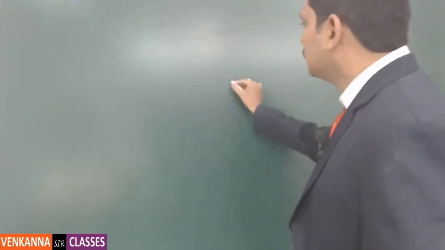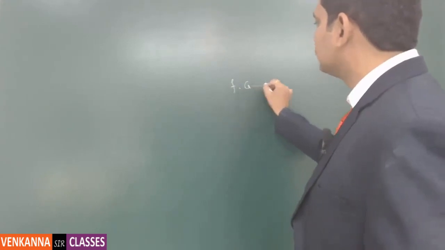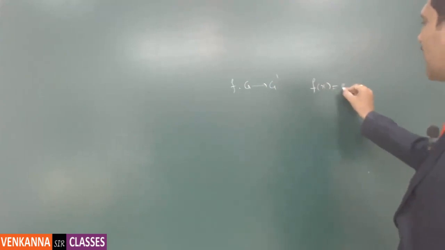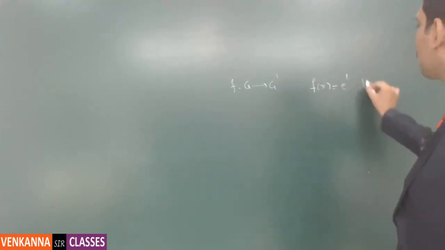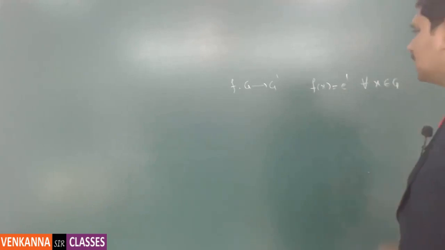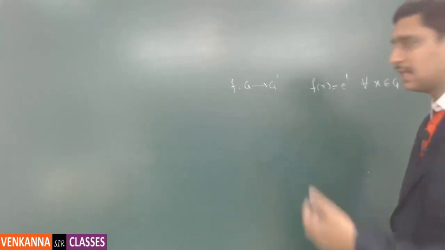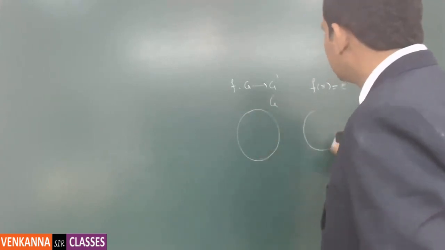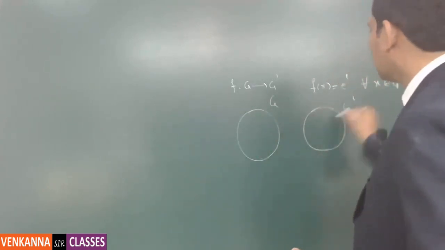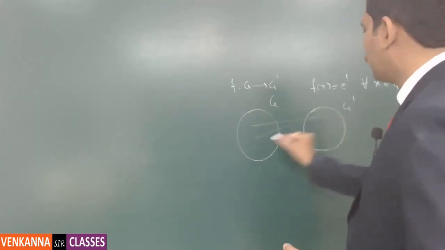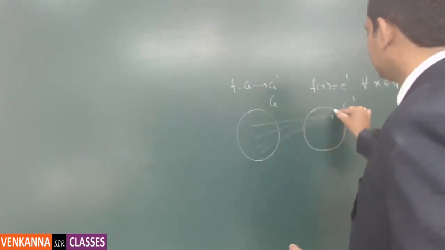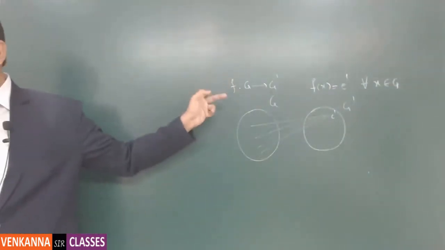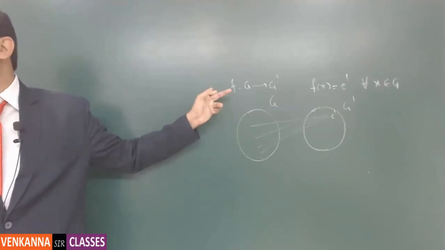That is, if you define the function as f of x is equal to identity for all x belongs to G. In one way, you can say it is a constant mapping. So if you take G here and G dash here, every element is mapped to only one element. If you pair the elements in this way, it always satisfies the criteria of homomorphism.